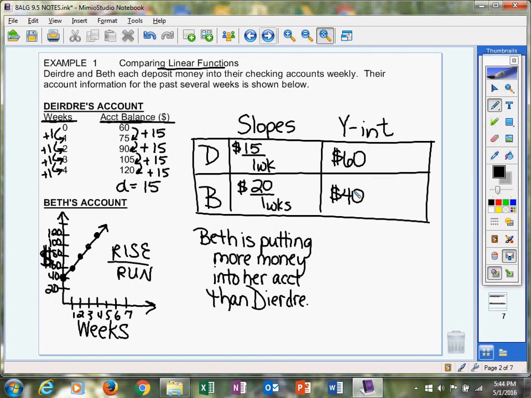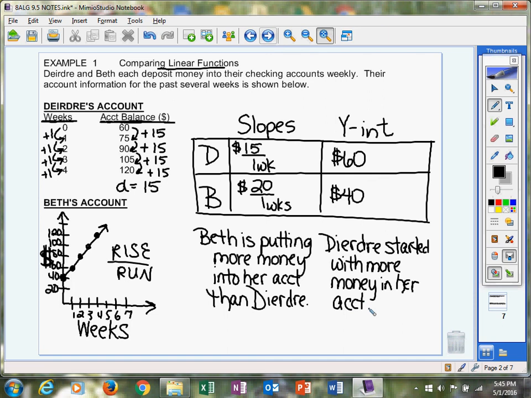So you could say something like this: Deirdre started with more money in her account. And that would be accurate. And if you wanted to use the numbers, you could say Deirdre had $60 in her account while Beth only had $40 in her account when they started saving money. However you want to word that.